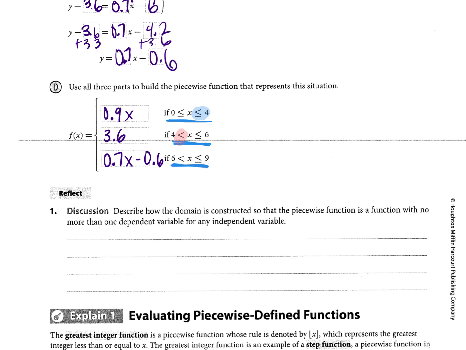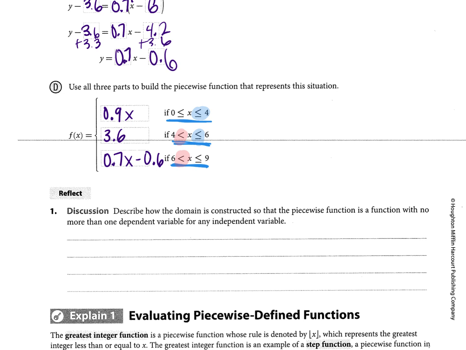Same thing occurs with the 6. It is included in here, but it is not included here. So, the piecewise function is a function with no more than one dependent variable for any independent variable.